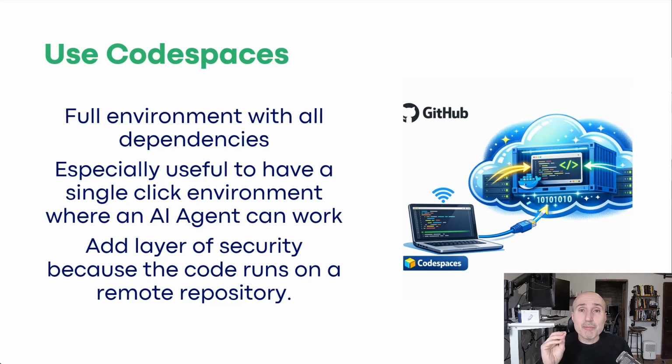That is fundamentally good because you have more security: your code runs on a remote container, and your AI agent works with that remote container. So if some prompt injection comes out, it can compromise only the remote container. So it's also a small layer of security on top of your normal workflow.